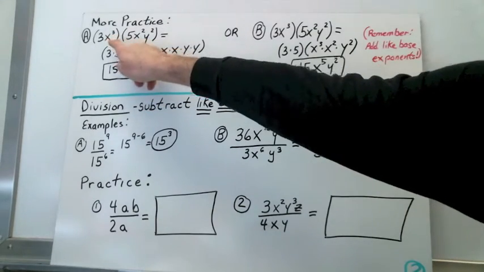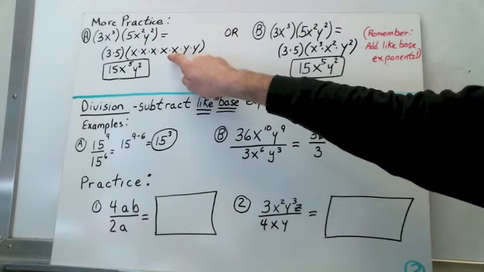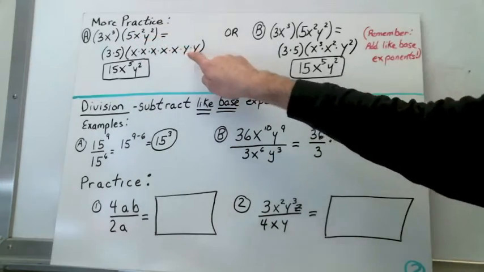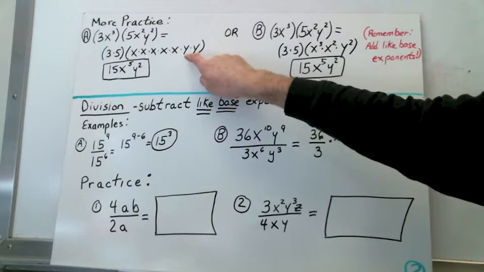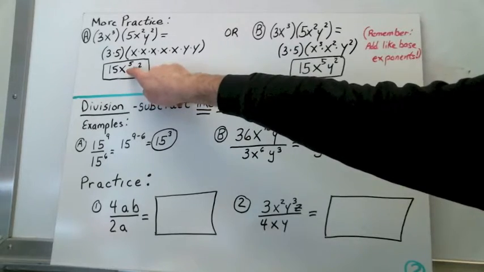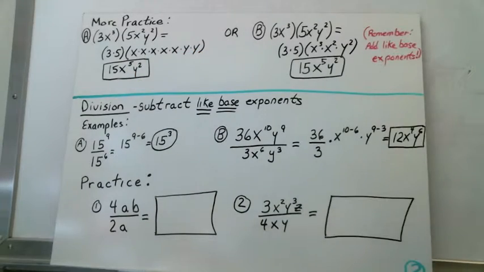We can take the x and multiply it 3 times here. We can take the x squared and multiply it 2 more times. We can write down our answer of y to the second power. And if we add this up, we have 1, 2, 3, 4, 5, x to the fifth, and we have y to the second. So we end up with 15x to the fifth, y to the second.